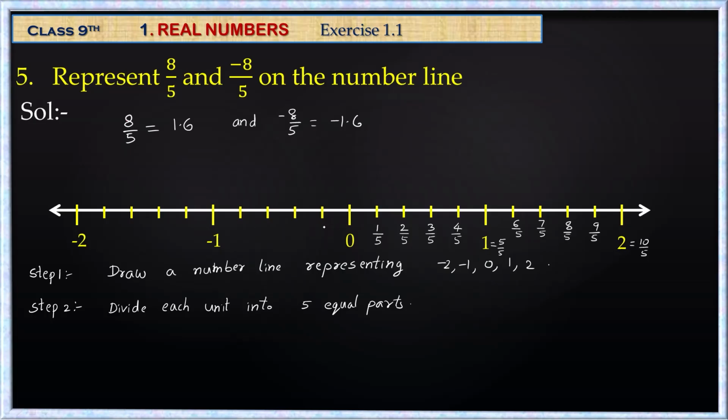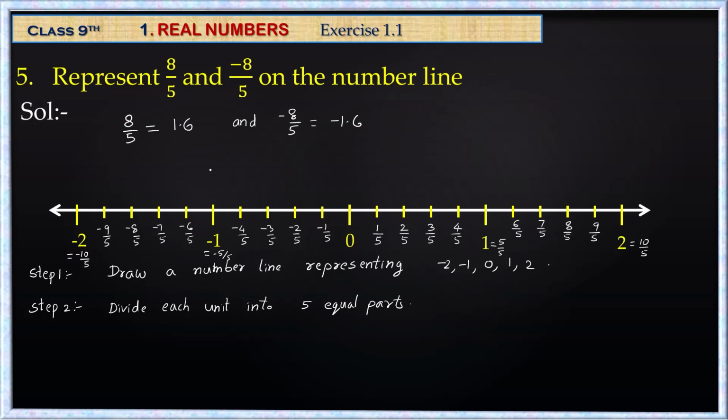On the left side of 0, this is -1/5 and this is -2/5 and this is -3/5, this is -4/5, -1 is nothing but -5/5, and this is -6/5, this is -7/5, this is -8/5 and this is -9/5 and -2 is equal to -10/5.